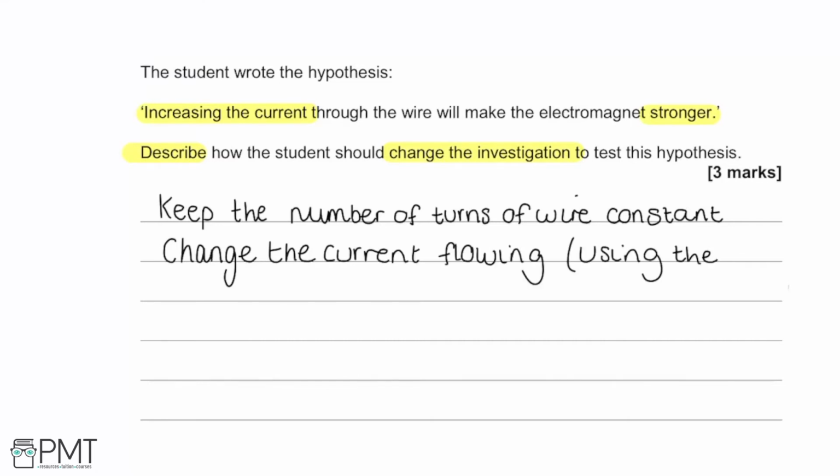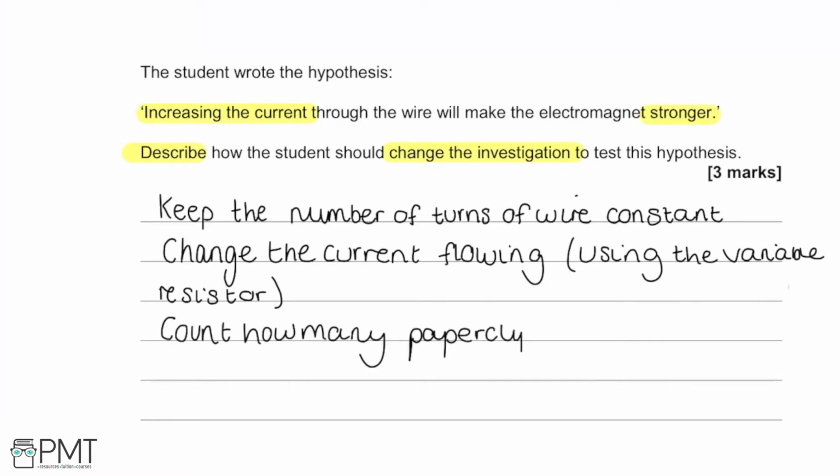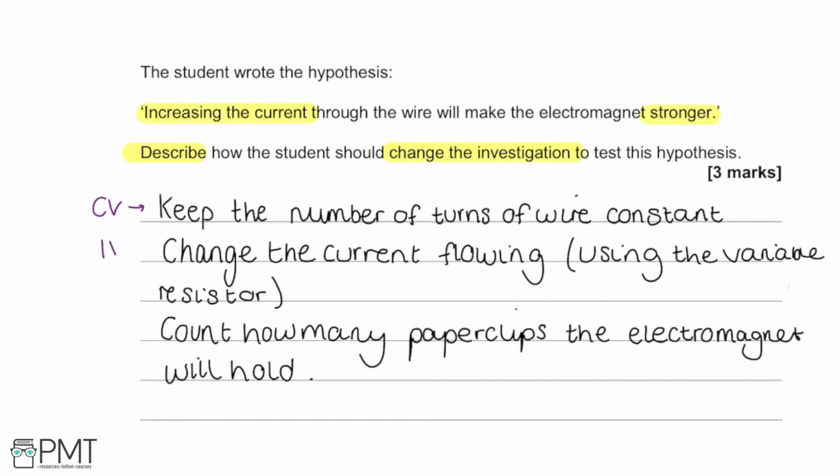So then when we change the current, each time here we're going to do the same as we did last time and count the number of paper clips that the electromagnet will hold at each different value of current. So that's the one thing that's going to stay the same from the previous experiment. We are still going to be counting the number of paper clips, but we are going to change the control variable and then the independent variable, which we've just spoken about.